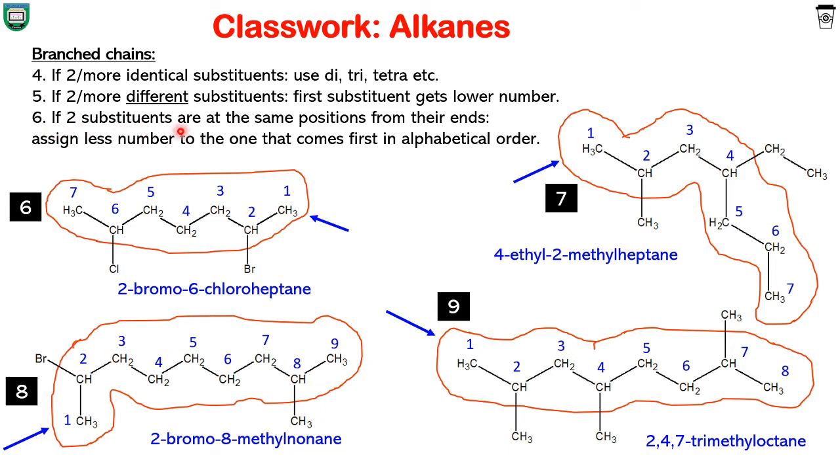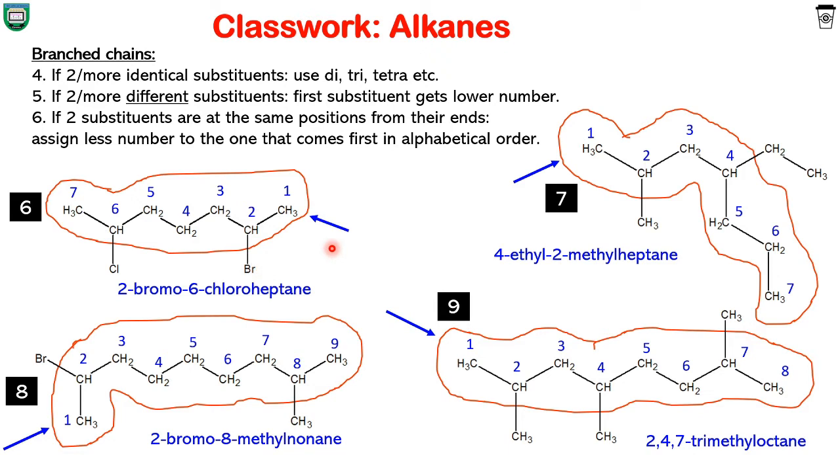If 2 substituents are at the same positions from either end, assign the lower number to the one that comes first in the alphabetical series. Let's look at the 6th example. In the 6th example, if we start numbering from the left, the second position gets chlorine. If we start numbering from the right, bromine gets the second position.